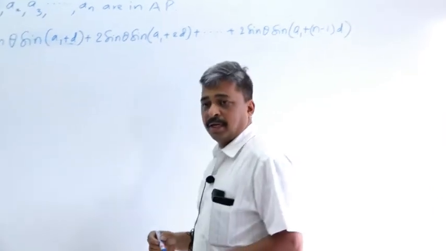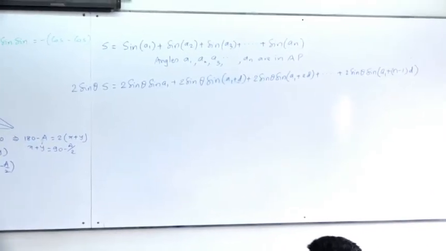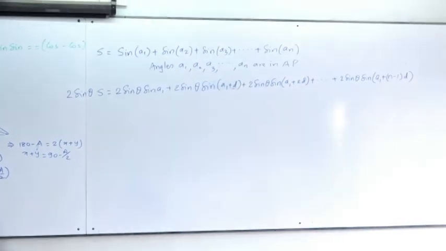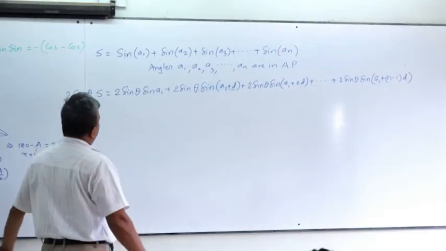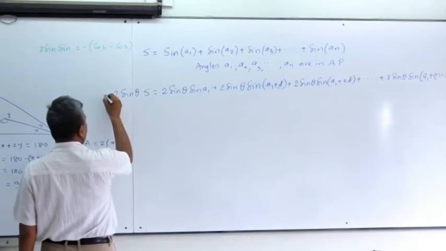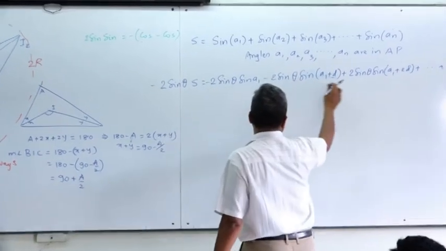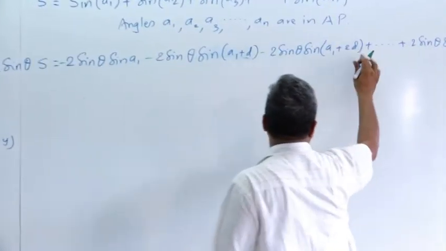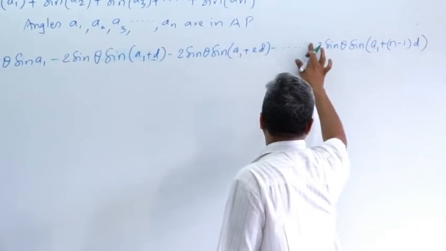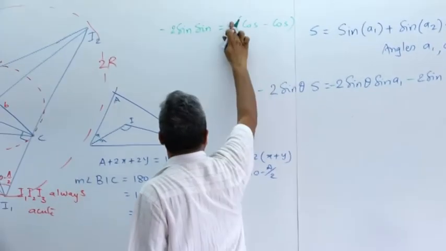The last term has n minus 1 times D added. This is my new summation. And now, suppose we give a minus sign to everyone, then I can remove the minus sign from the 2 sin sin.